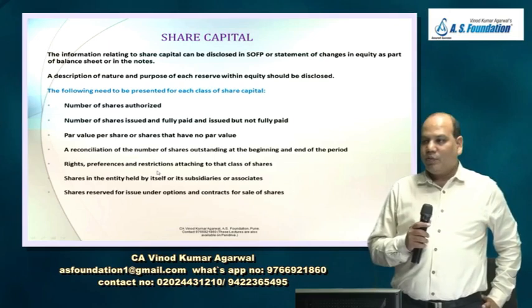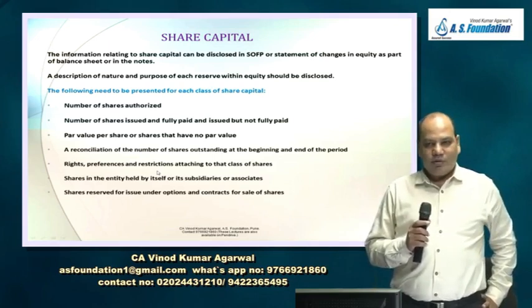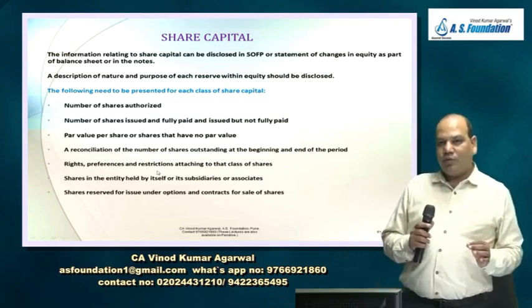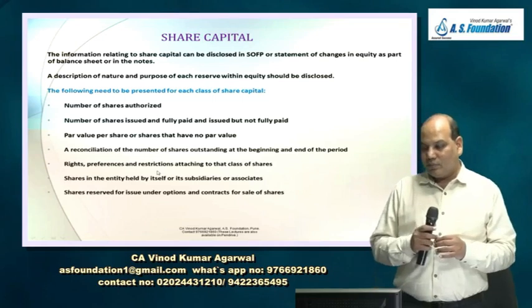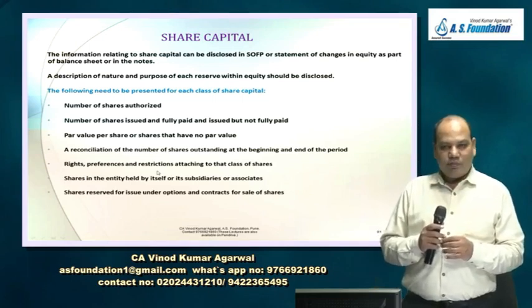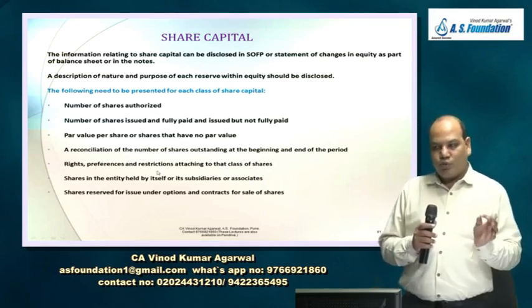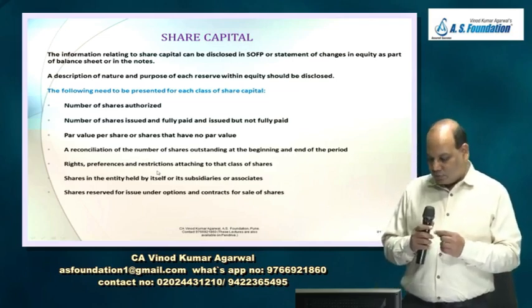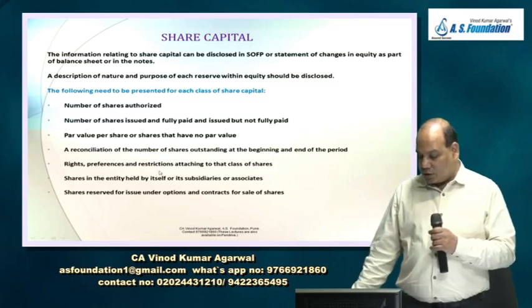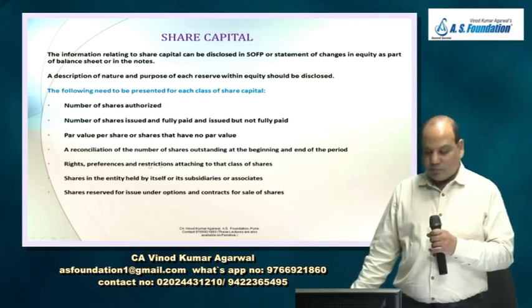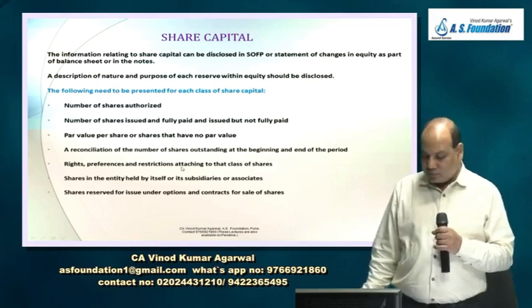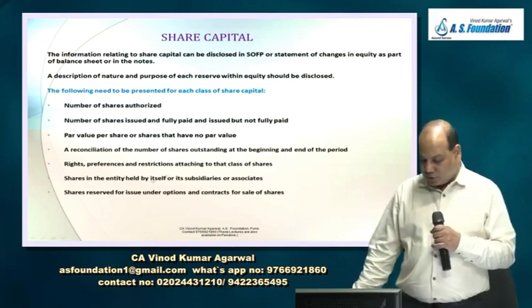Equity shares may be of two types: voting right and differential voting right. So voting right share will have a right of one vote, one share, whereas differential voting right will have lower voting power but higher rights to dividend. Okay. So whatever are the restriction, preferences, rights, like restriction can be on transferability, etc. also, you can disclose that.